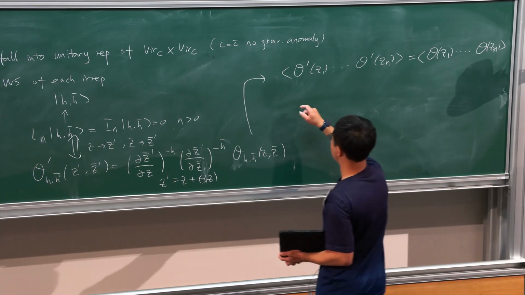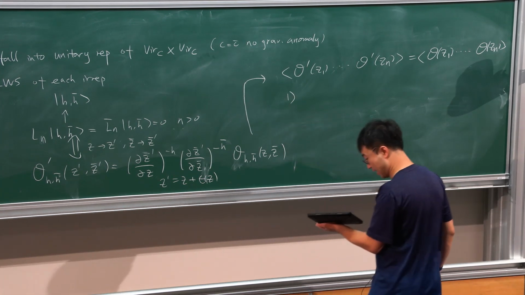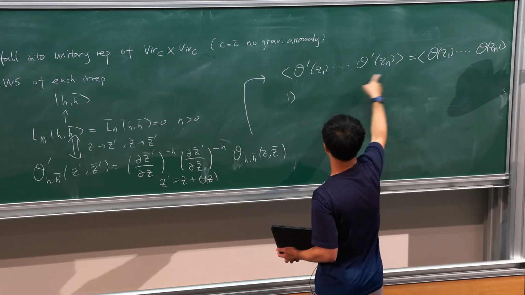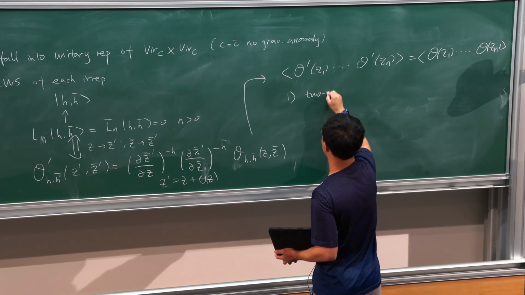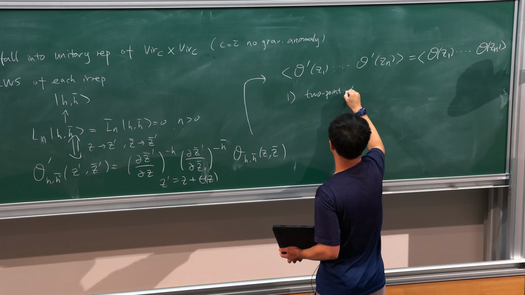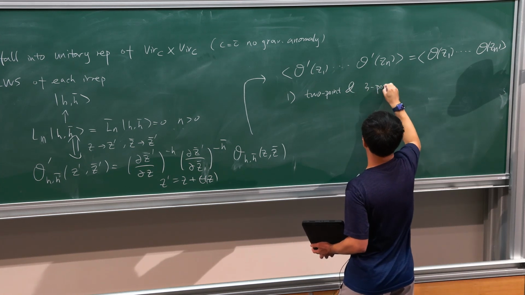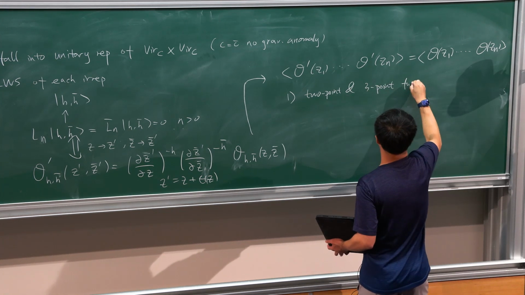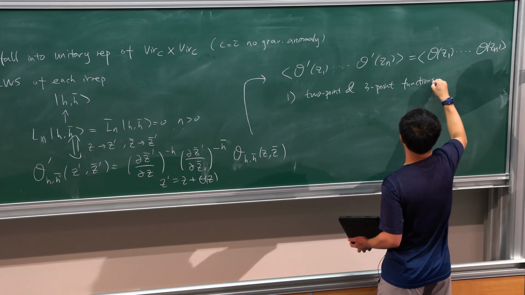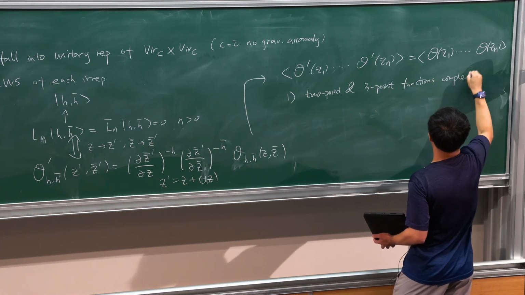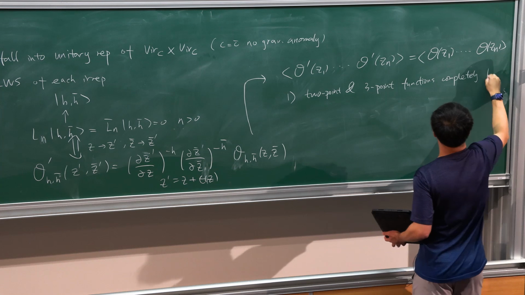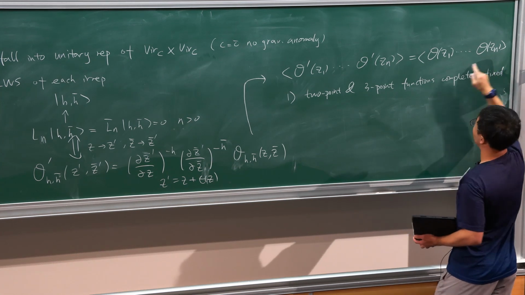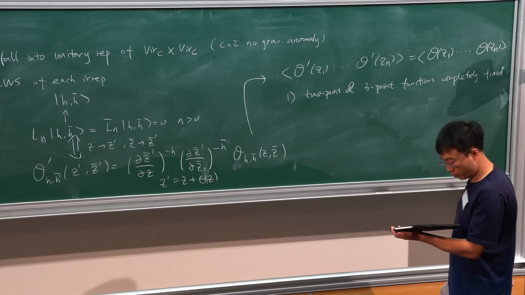And there are two consequences. One consequence of this identity is that the 2-point functions and 3-point functions are completely fixed just by this invariance property under the conformal transformation.